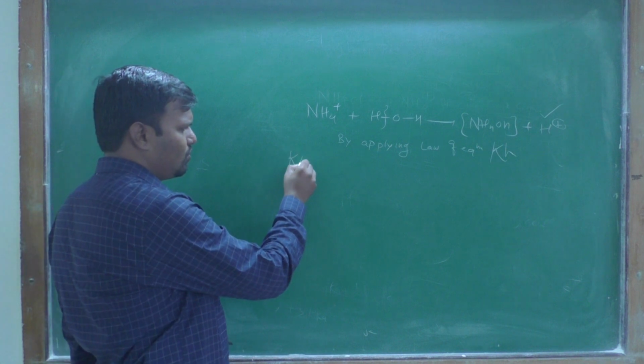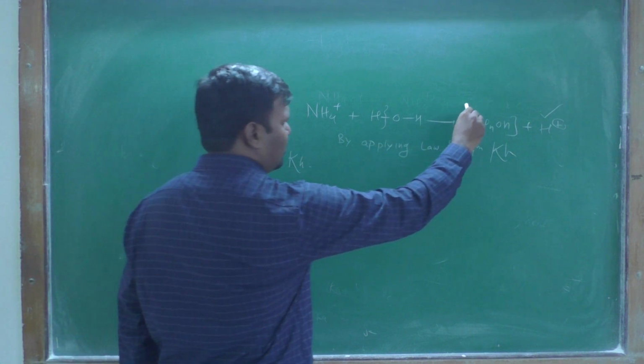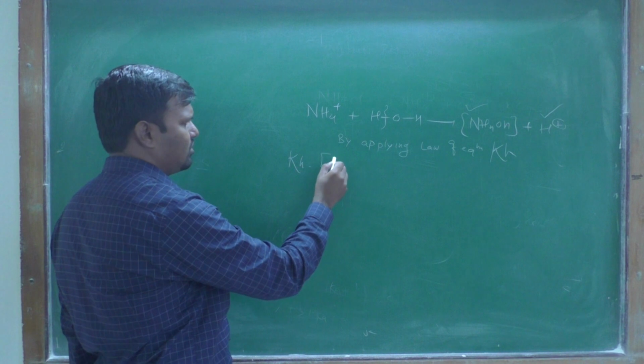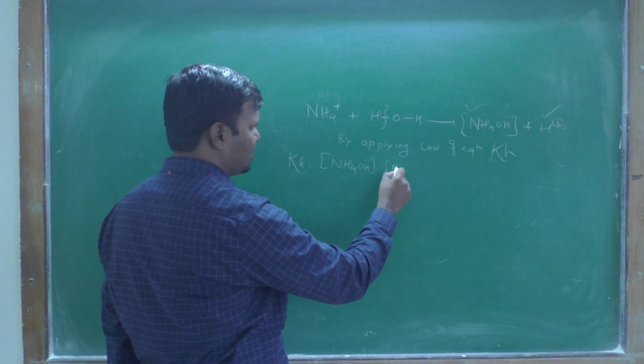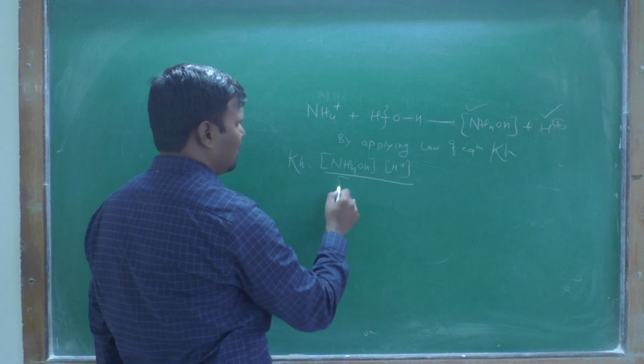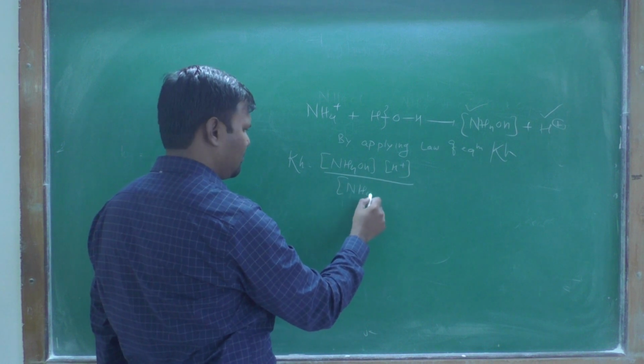Therefore, Kh is equal to the concentration of NH4OH times H plus ions upon NH4 plus.